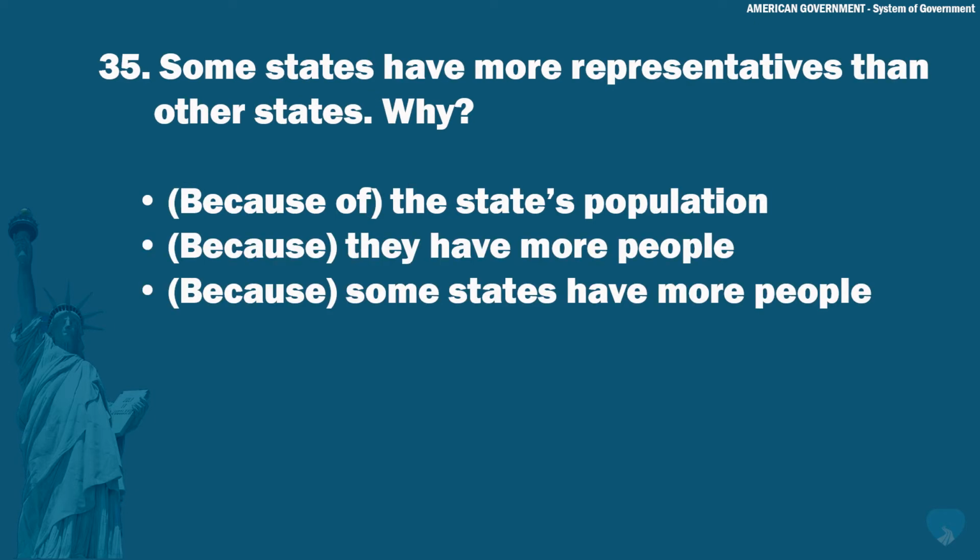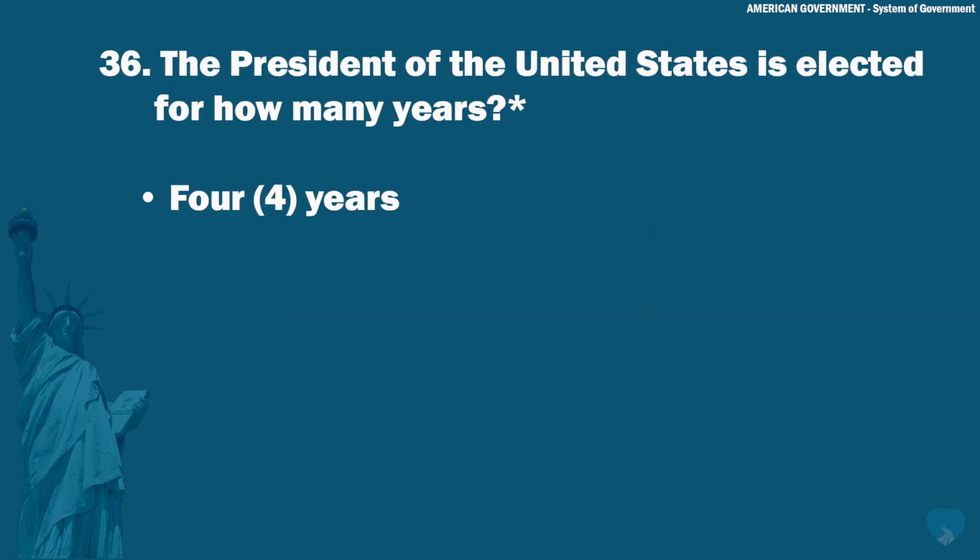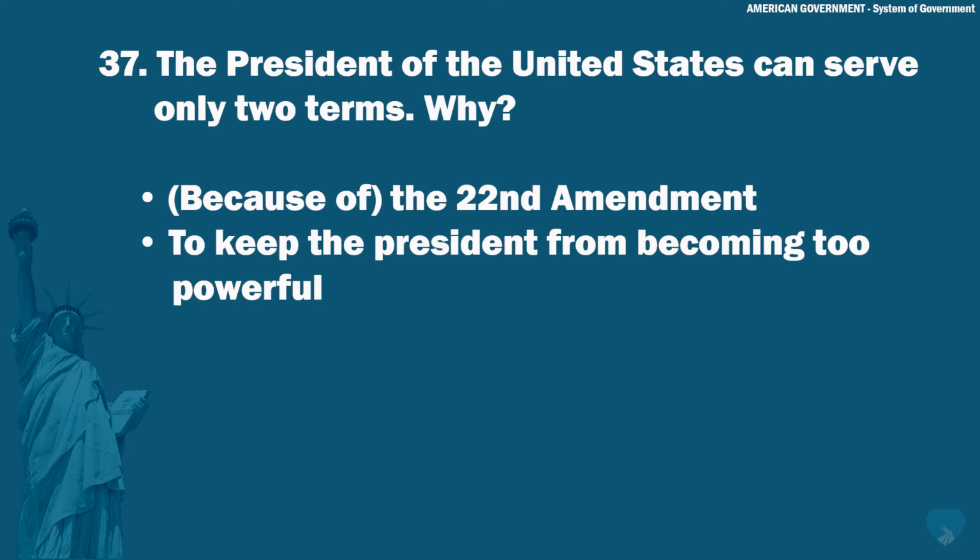Question 35. Some states have more representatives than other states. Why? Because of the state's population. Because they have more people. Because some states have more people. Question 36. The President of the United States is elected for how many years? 4 years. Question 37.